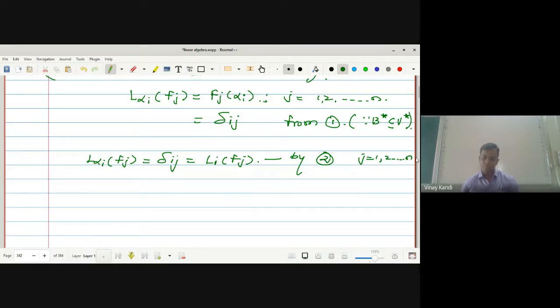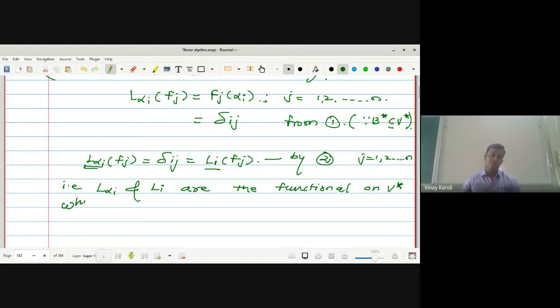Okay, so that is L alpha i and this Li are the functionals on V star, with f1, f2, f3 changing from 1 to n.